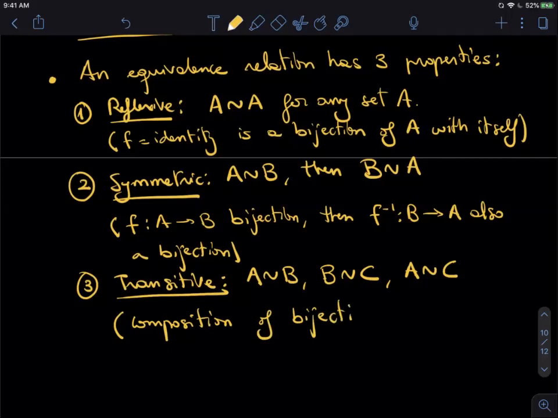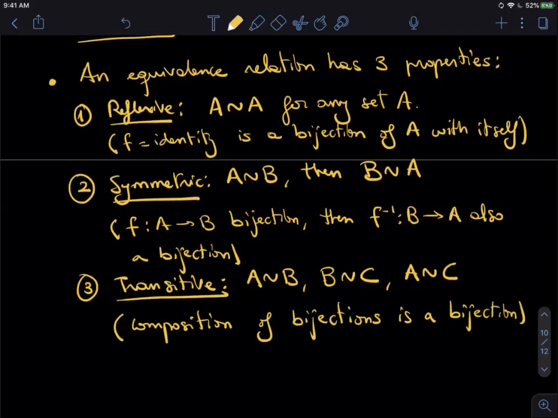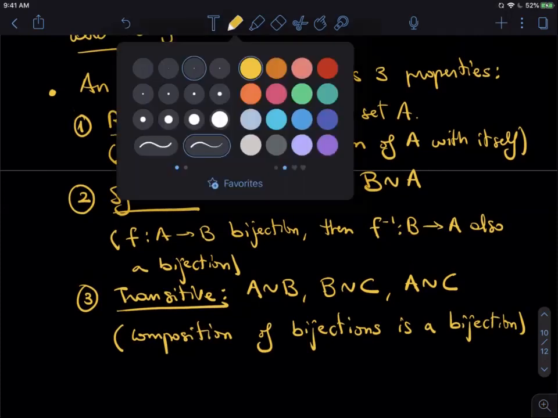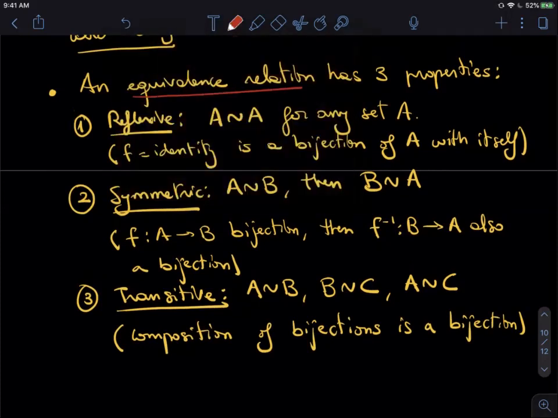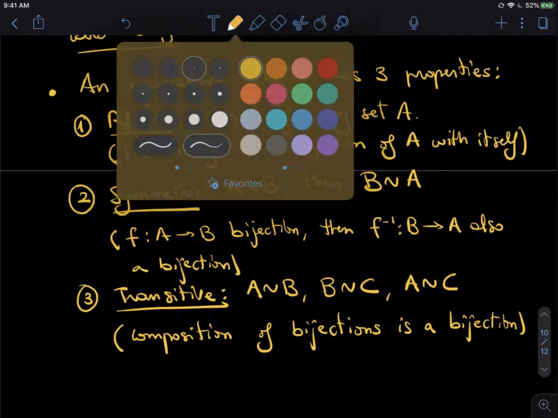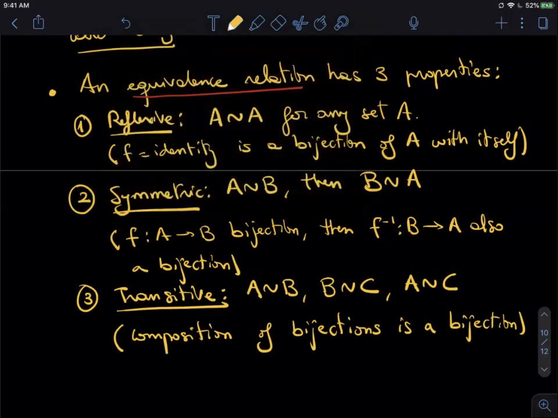So this is the definition of equivalence relation. It must satisfy these three properties.